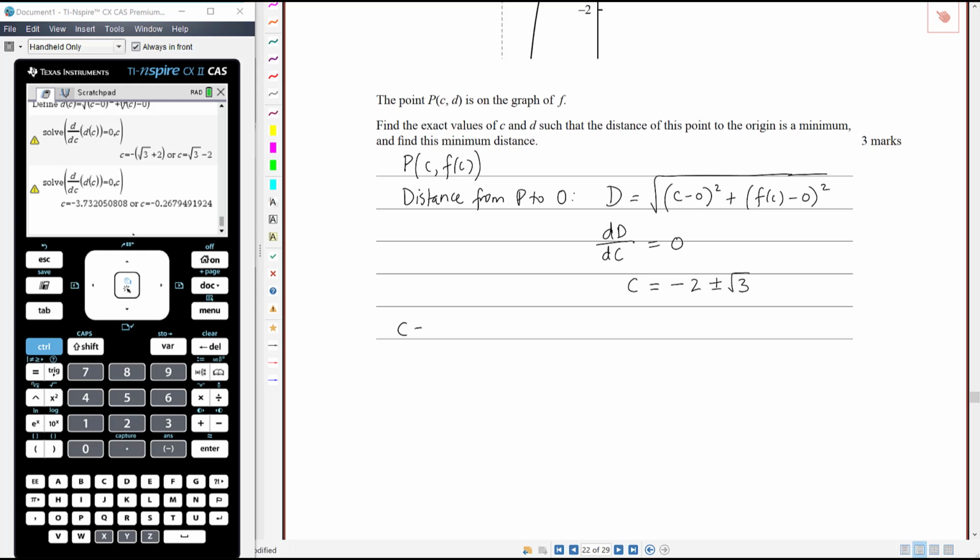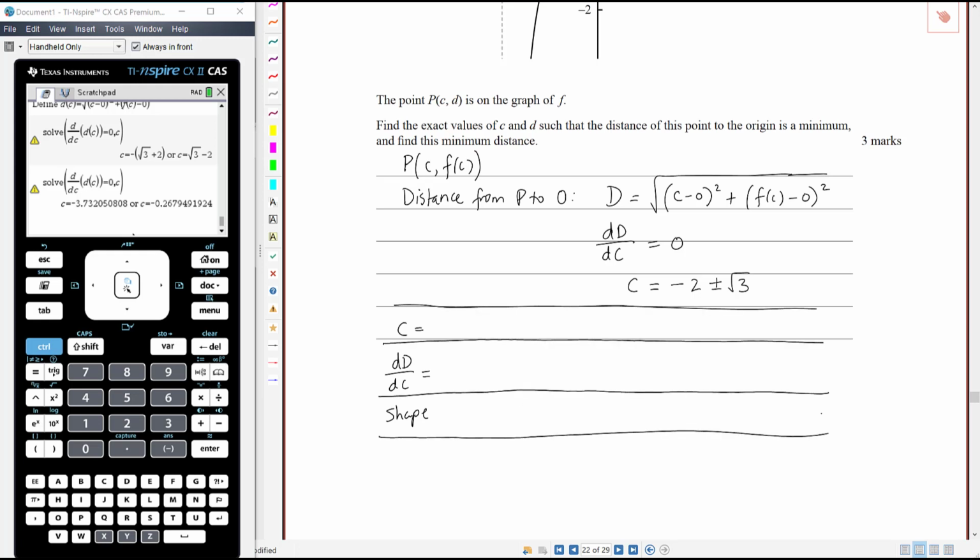Okay, so I'm going to do a sign diagram here to show which of those gives a minimum distance. So we're going to have c, we're going to have d'(c), and we're going to have the shape. And we're going to have to think about a number of places. We don't need these bits out here, but that's okay.